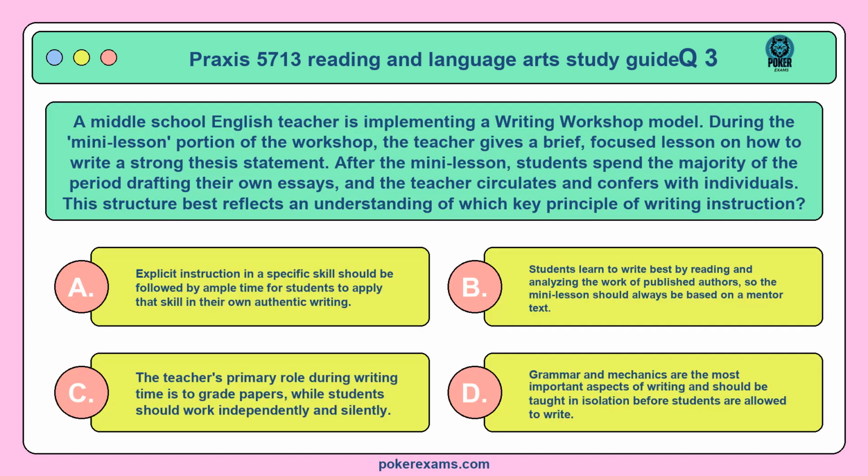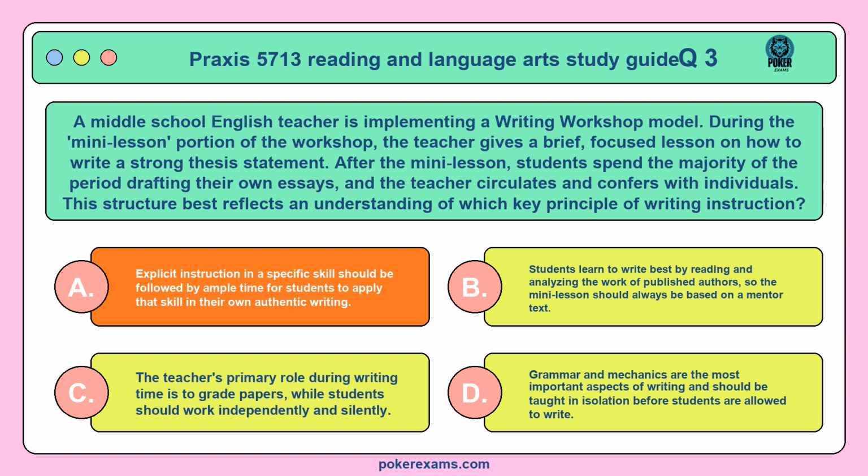Question 3. A middle school English teacher is implementing a writing workshop model. During the mini-lesson portion of the workshop, the teacher gives a brief, focused lesson on how to write a strong thesis statement. After the mini-lesson, students spend the majority of the period drafting their own essays, and the teacher circulates and confers with individuals. This structure best reflects an understanding of which key principle of writing instruction? Option A. Explicit instruction in a specific skill should be followed by ample time for students to apply that skill in their own authentic writing.